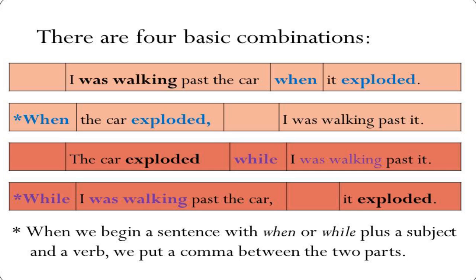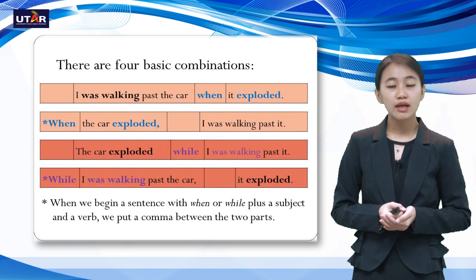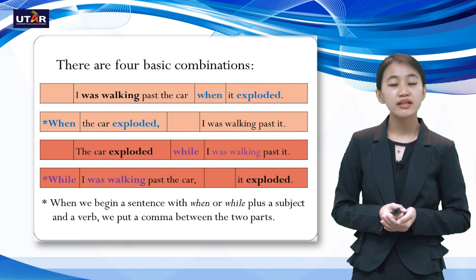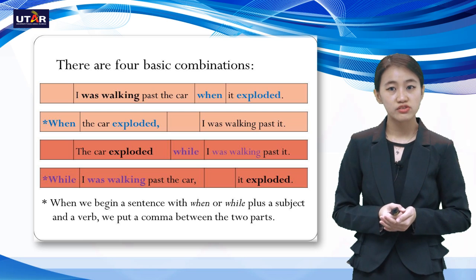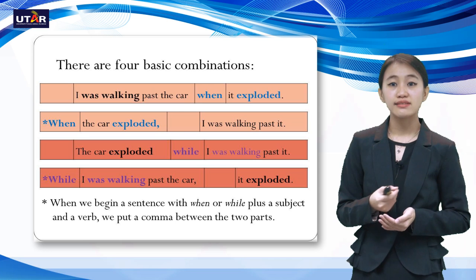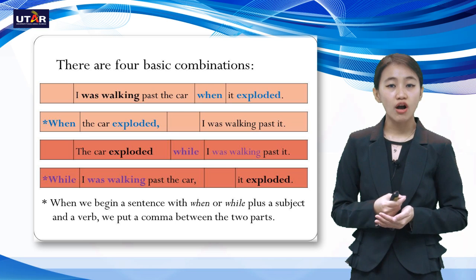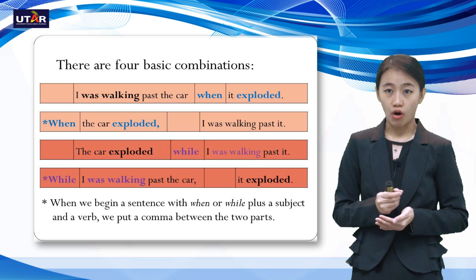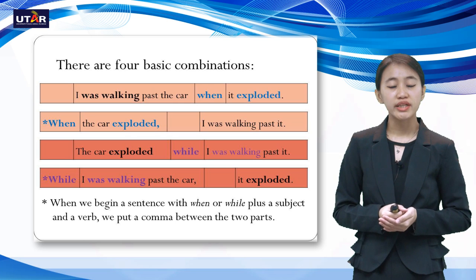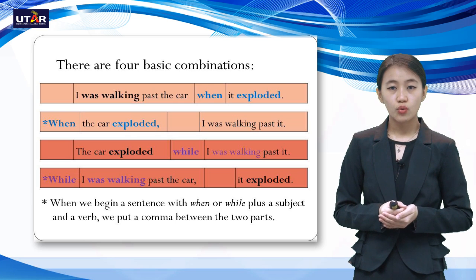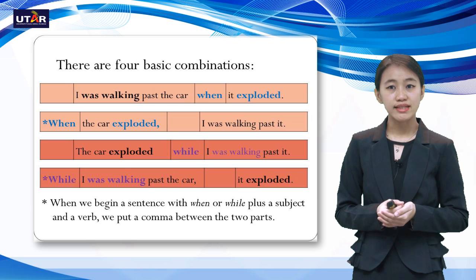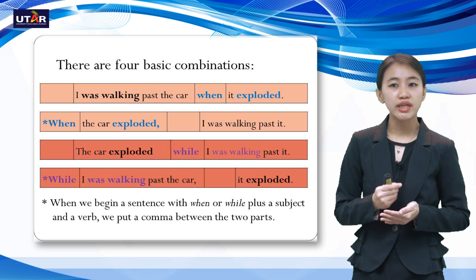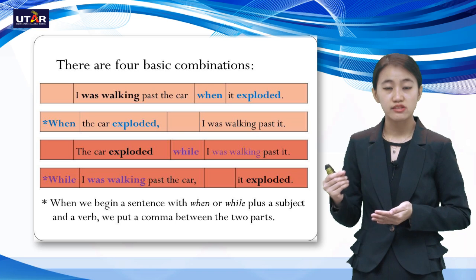When we begin a sentence with when or while, plus a subject and a verb, we put a comma between the 2 parts. So looking at the example again, when the car exploded, comma, I was walking past it. Whereas if I don't start with when, my sentence will be, I was walking past the car when it exploded.